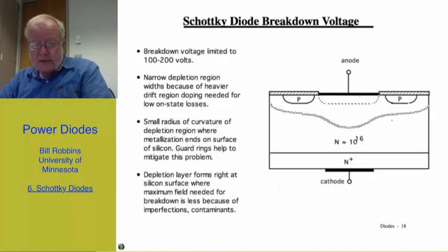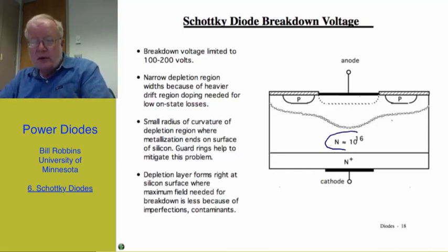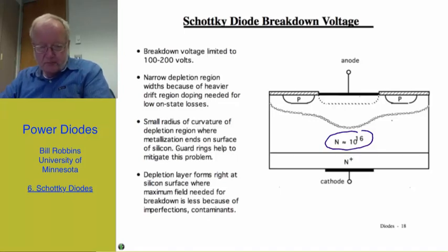We can apply the formulas that we use in a p-n junction and find that we're going to have no more than a 100 to 200 volt breakdown rating, because we must have this doping density in the drift region up around 10 to the 16th in order to carry any reasonable sized currents that will be useful in a power electronic application without excessively high voltage drops across that drift region. And of course, we must have guard rings in order to keep that voltage up there based on a plane parallel approximation.